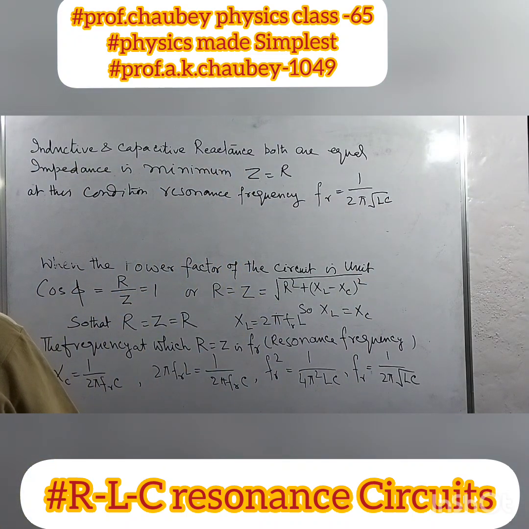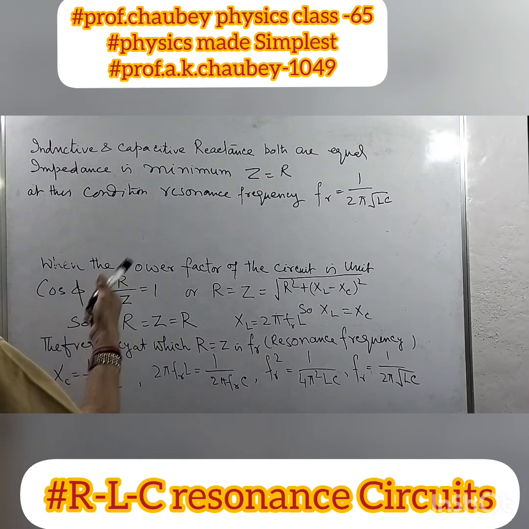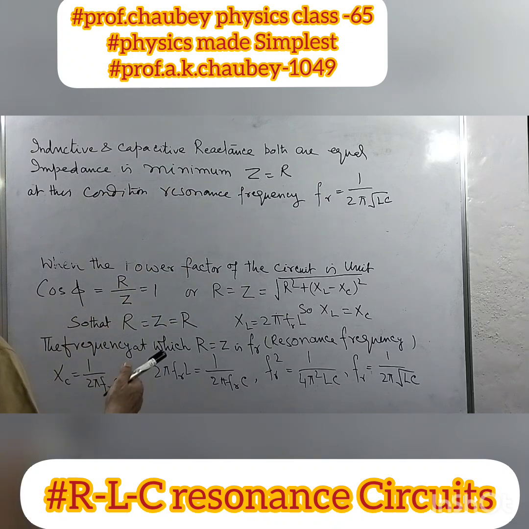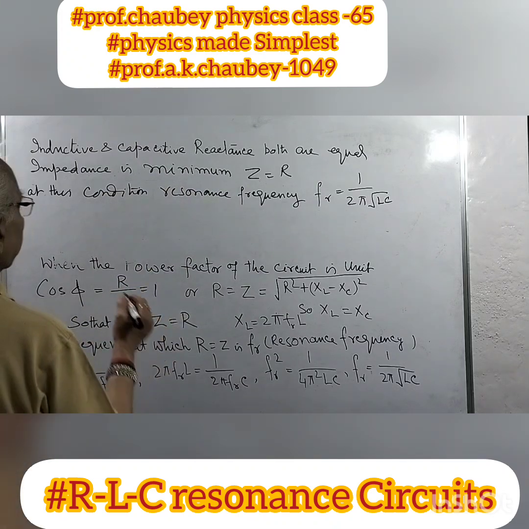This is the resonance frequency at which Z is equal to R and power factor is 1. So impedance is minimum and hence current is maximum.